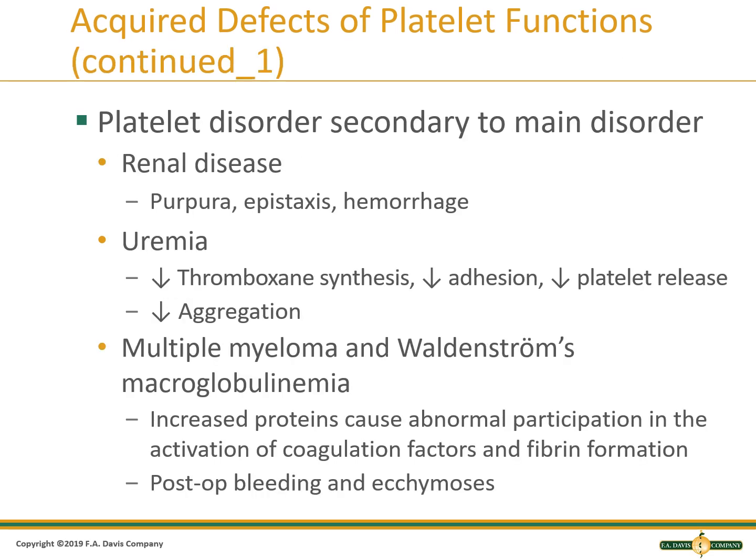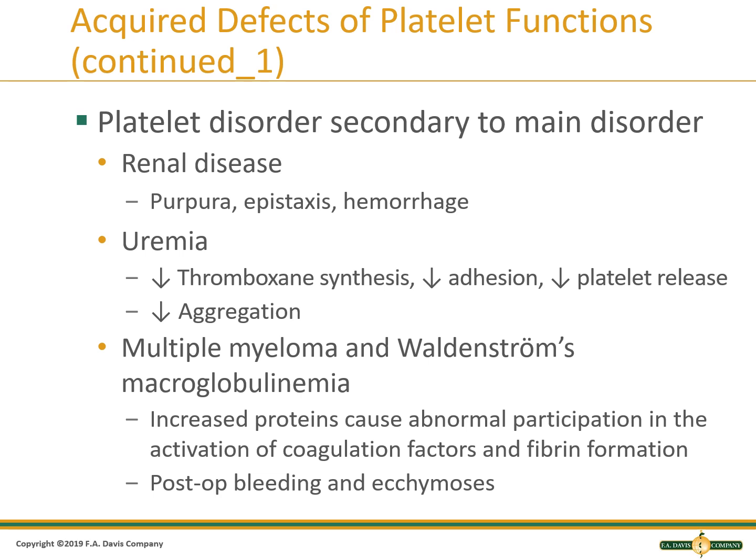You may also see a platelet disorder that is actually secondary to the main disorder, such as renal disease, which can cause purpura, epistaxis, or hemorrhage as far as symptoms go. Uremia, where the thromboxane synthesis is decreased, adhesion is decreased, and there's a decrease in the platelet release and a decrease in aggregation.